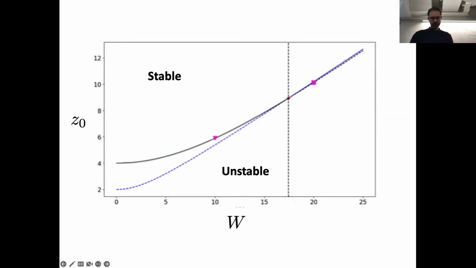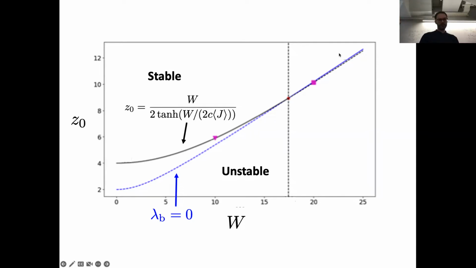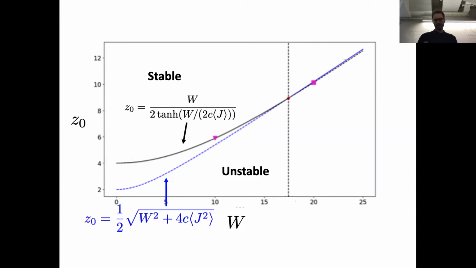Eventually you get, again, stability and instability, very similar to what we have seen before. One is the outlier, the other one is the continuous spectrum. There's a line where stability is determined by the outlier and here by the continuous spectrum. Using the theory, you find a simple formula for this line. That's basically the remaining story.